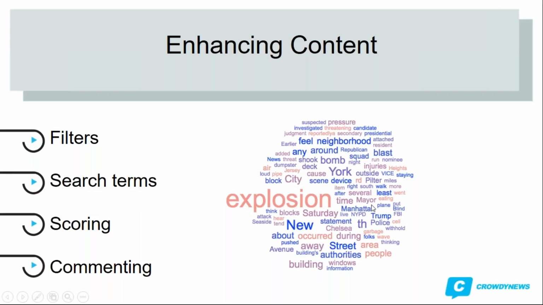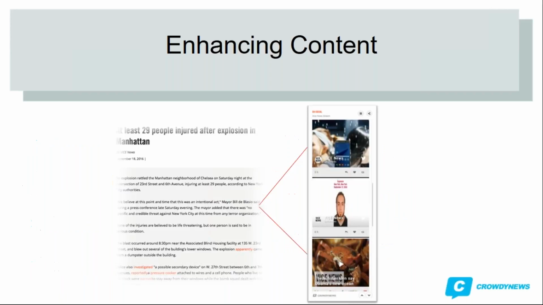As you see here, we have a cloud of words that represents the attacks that happened last week in New York and the US, with the most commented words and the words that were used more in terms of importance. This is similar to what you can do with social media.